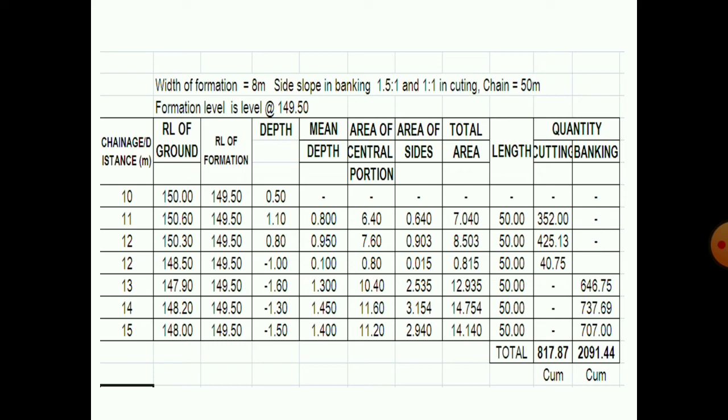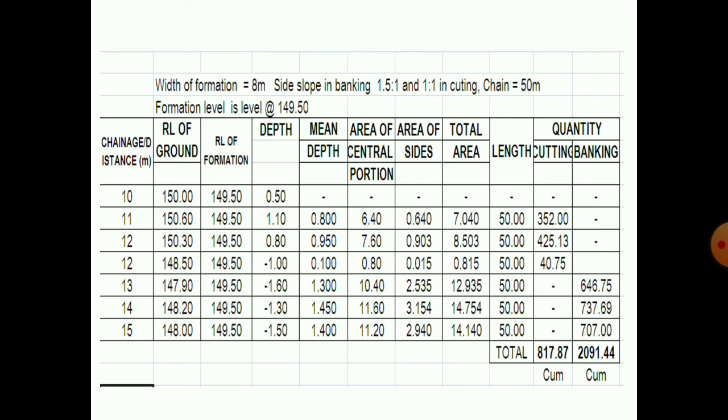Here the depths at different chainages will be different. So if you calculate the mean depth, the average of the first and second, first at 11th chainage it is 0.8. Like that, if you calculate for cutting, you have to take the S D square with S as 1:1, and for banking you have to take 1.5:1. That is the area of the sides, it will be S D square.